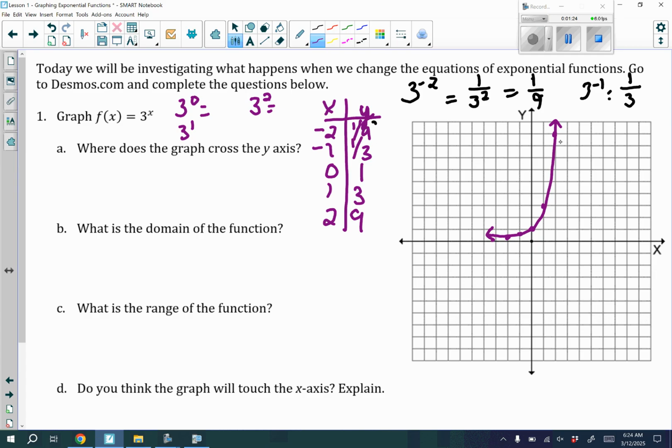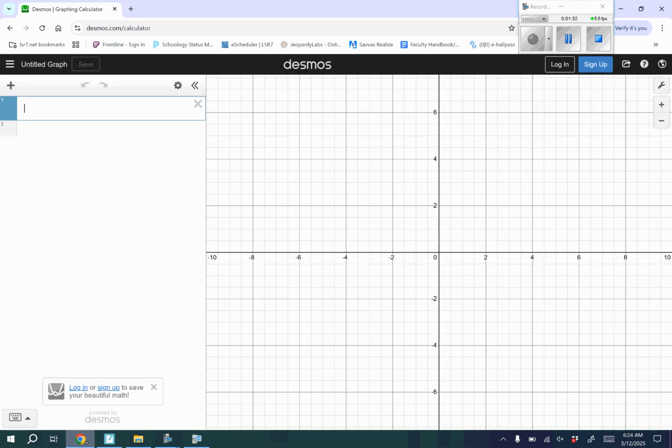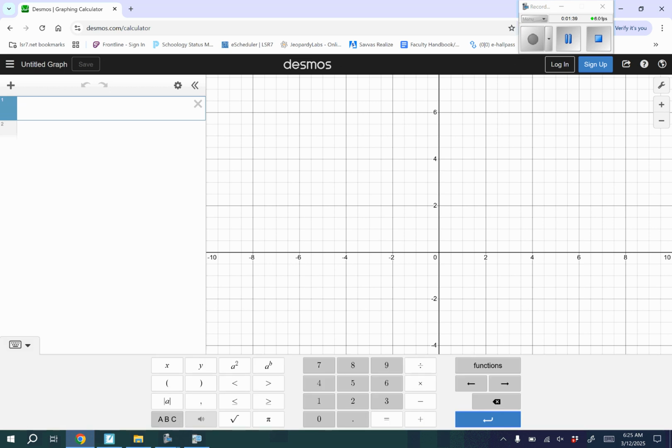Now, here's what I would like you guys to do. I'm going to have you guys pause the video, and if you need to, and it's really up to you, if you would like to go to desmos.com, you can plug in y equals 3 to the x to kind of help you here. So there is a keyboard if you need to do that. So you do y equals 3, and then there is that caret key if you need to.